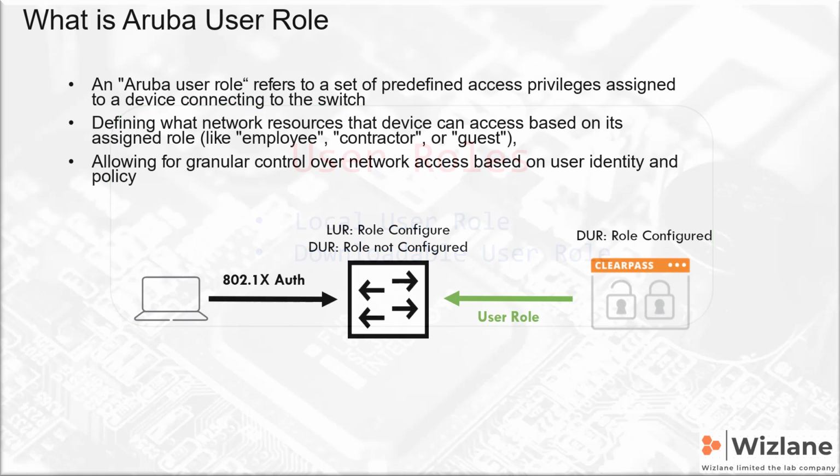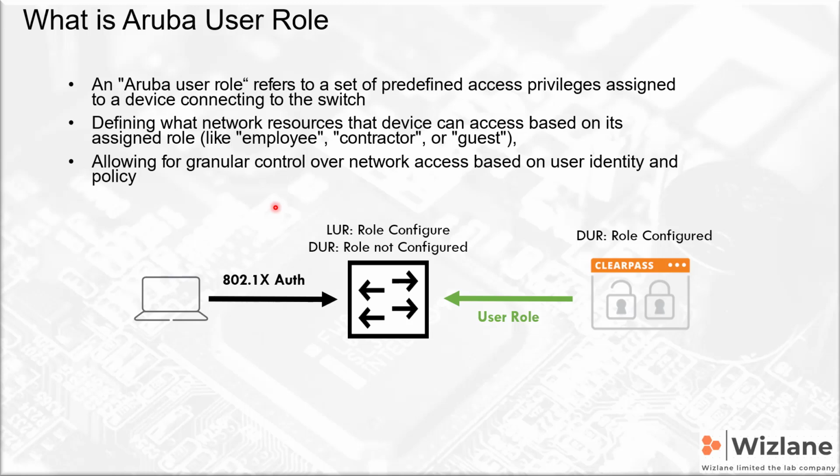So what is a user role? If you read the definition, it's a set of predefined access privileges, like assigning a VLAN, maybe assigning a certain firewall role, certain restrictions, and so on. That's how you can dynamically, based on the condition of the connection, assign different roles based on different conditions.